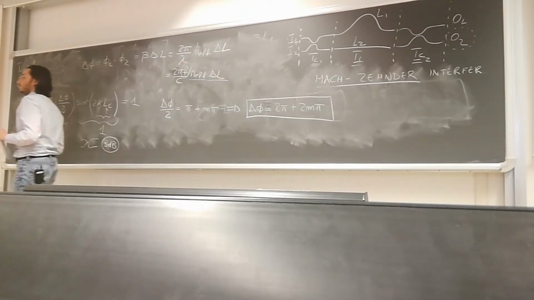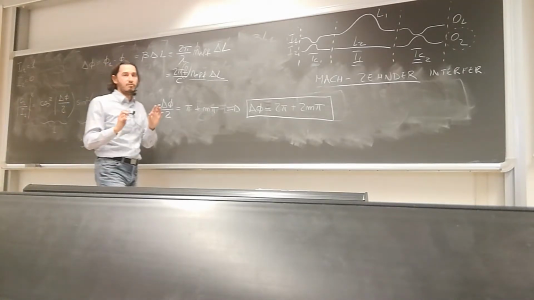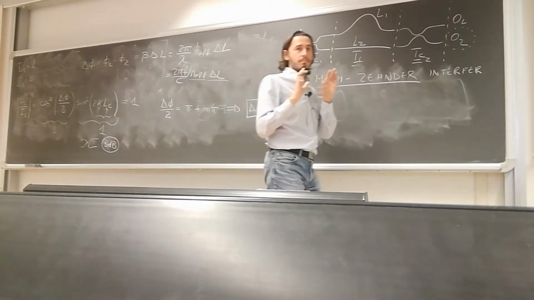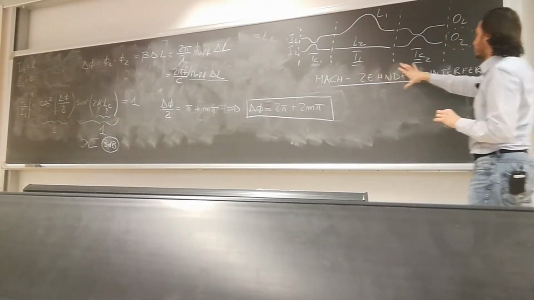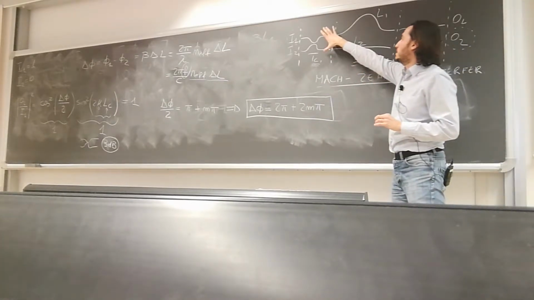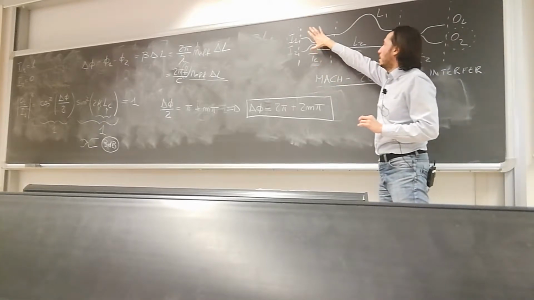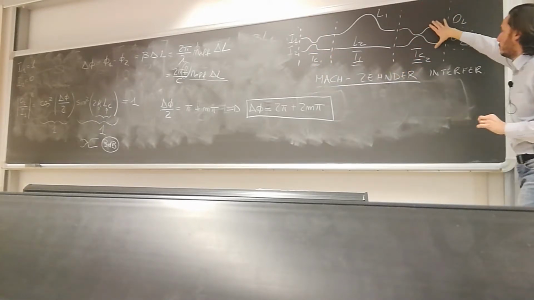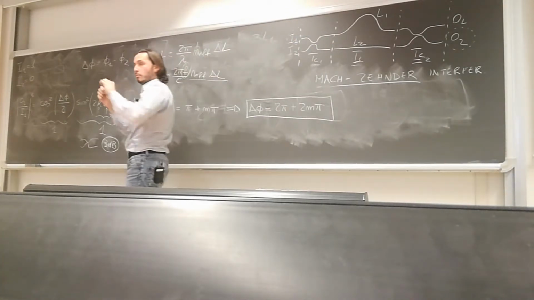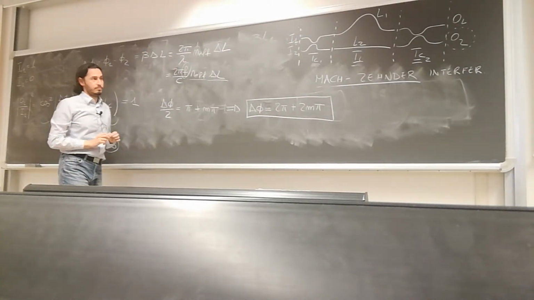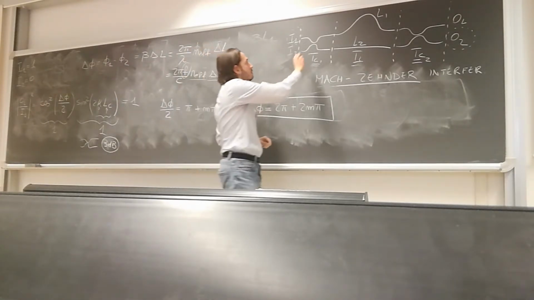What does it mean? It means that if I build my Mach-Zehnder interferometer with these building blocks, so if I use 3 dB directional coupler here, a 3 dB directional coupler here, and I put in between 2 delay lines, I have unitary transmission.